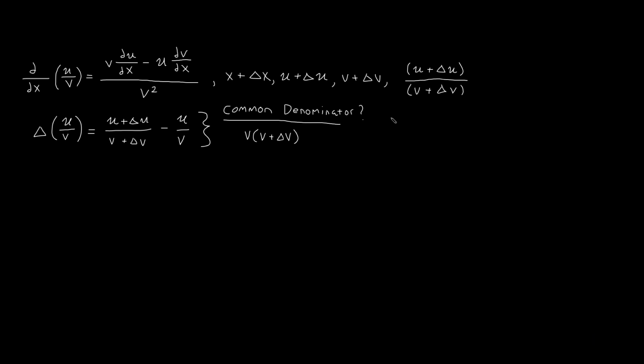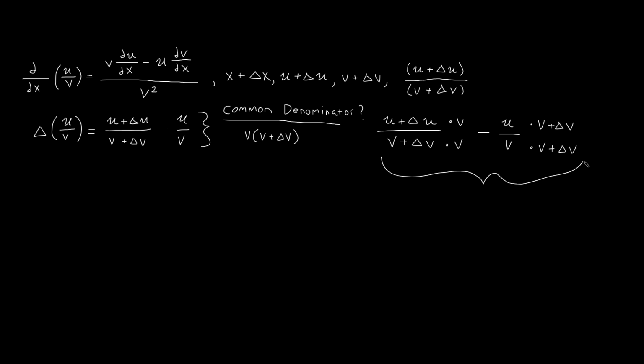So I'm going to rewrite this first term, that is u plus the change in u over v plus the change in v, and in order to get our common denominator, I need to multiply both the top and the bottom by v. As for the second term, u over v, this is going to get multiplied by v plus the change in v on both the top and the bottom.